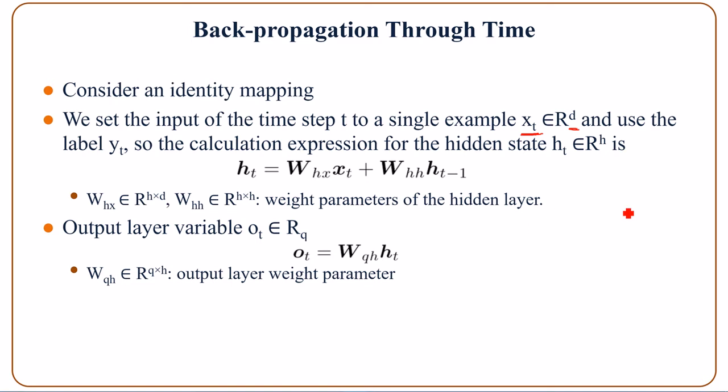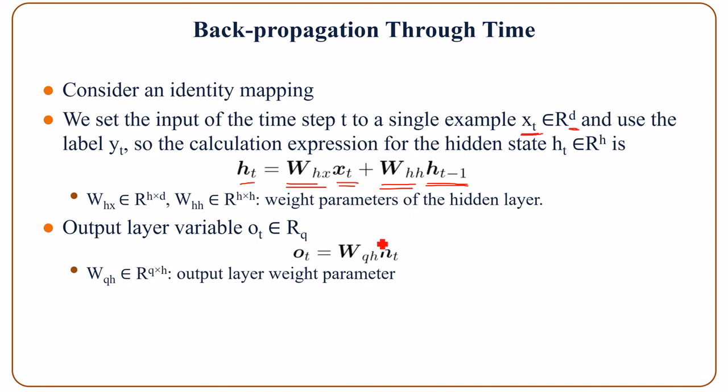As we saw before, the hidden state h_t at time t gets contribution from the input at time t through the weight w_hx, but also gets contribution from the hidden state at the previous time step, h_{t-1}, through another weight, w_hh.